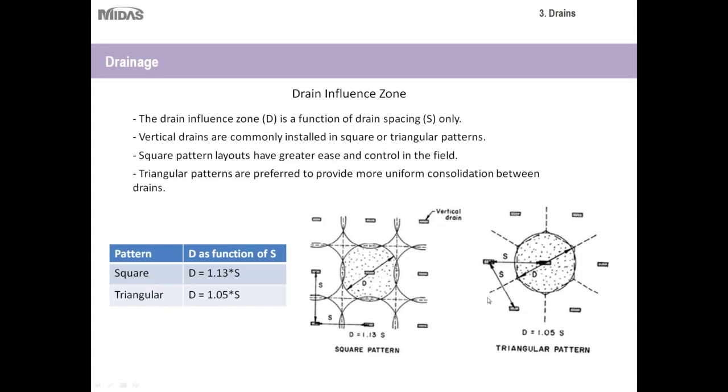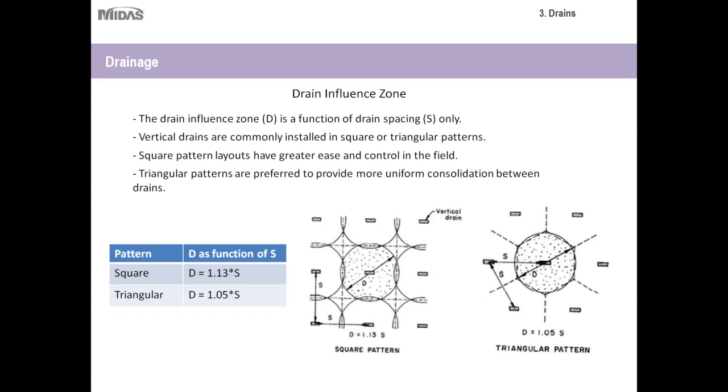Once again, in order to really become acclimated with designing drainage patterns, you'd have to practice it yourself. Also, another thing we'll talk about in the next section is you can use a numerical modeling program to do a parametric analysis. In other words, you can compare and contrast different spacing functions and different patterns as well.